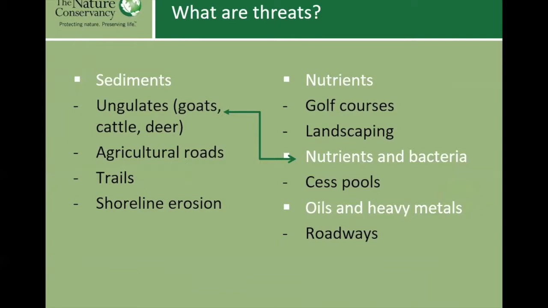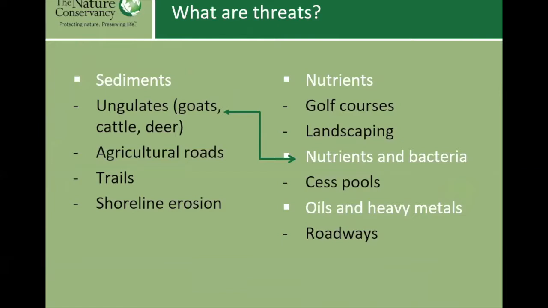For nutrients: golf courses and landscaping, and then together nutrients and bacteria: cesspools. I think Lauren mentioned in an earlier seminar that there are 100,000 plus cesspools left over in Hawaii. And cesspools are pits. They're basically sewage pits that aren't really expected to be processed all that much.